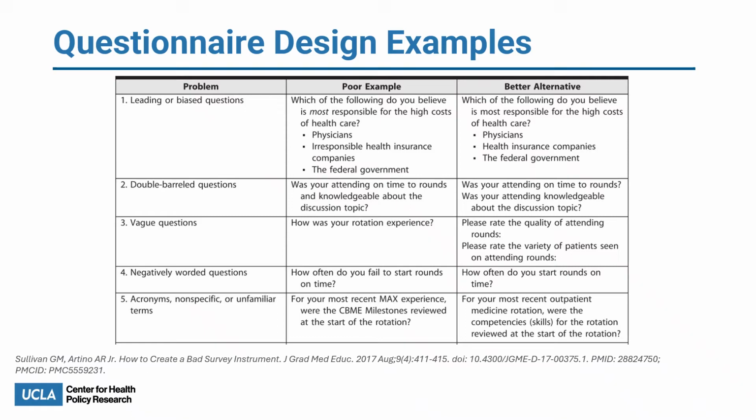This table comes from How to Create a Bad Survey Instrument, published in the Journal of Graduate Medical Education, which offers real-world examples of poorly designed survey items, including unclear wording, confusing response options, and questions that unintentionally bias the respondent. One of the core takeaways is that even small wording choices can significantly affect how a question is interpreted, and also how we frame our questions can determine how they are interpreted.